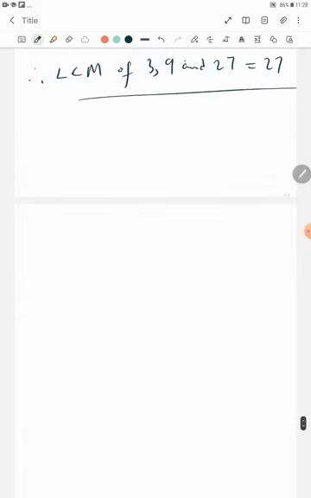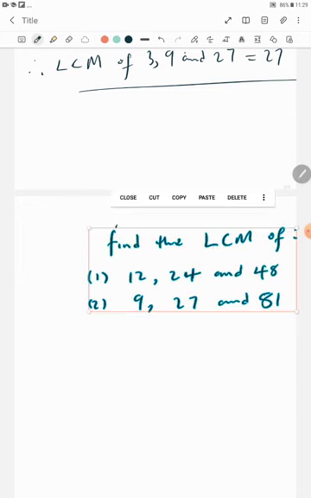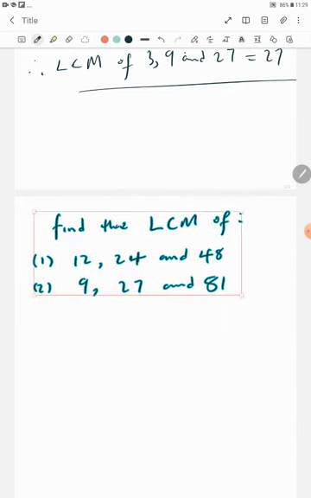Now let's look at proper methods that we can use, so that we don't need to be writing out multiples before we get our answer. So let's look at a literal example here. Let's take an example.